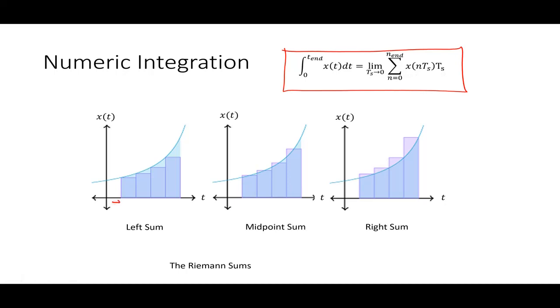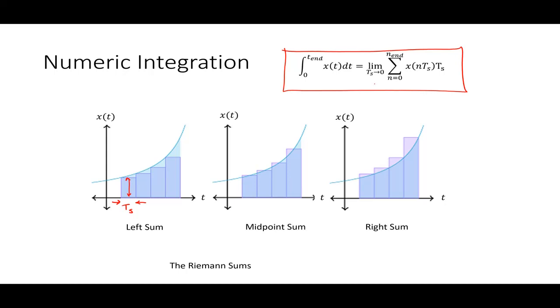So in each of these cases, this width here is t sub s, okay? And essentially what I'm doing is I'm saying, well, the height of this rectangle is given by the value of the function x of t, and the width is given by t sub s. Well, if I think about the meaning of the integral, it's just summing up the areas of each of these rectangles. Okay, that's the meaning of an integral, and that's what this says right here.